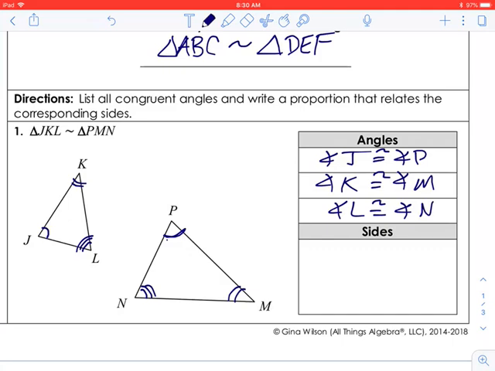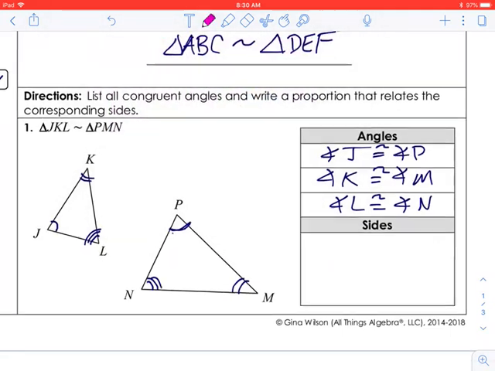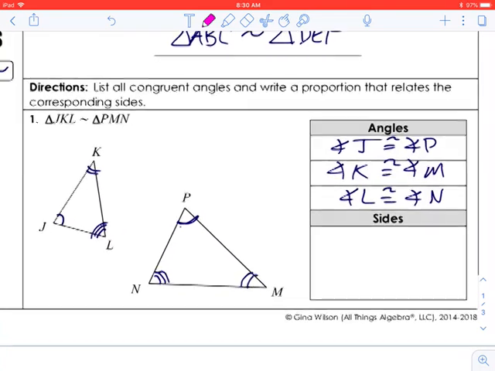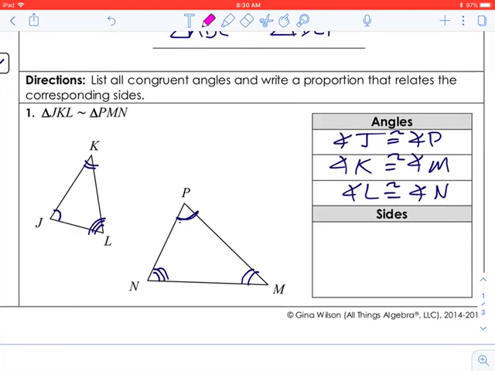All right. And so when we look at the sides, we can just set this up like each fraction is going to be equal to each other. So our first two sides would be JK and PM. So JK over PM. So the proportion should be equal to all the others.